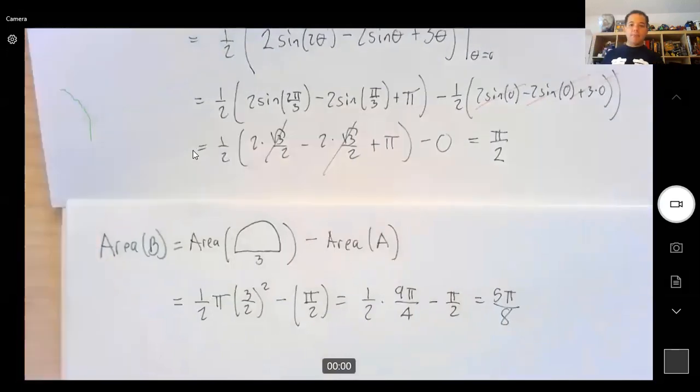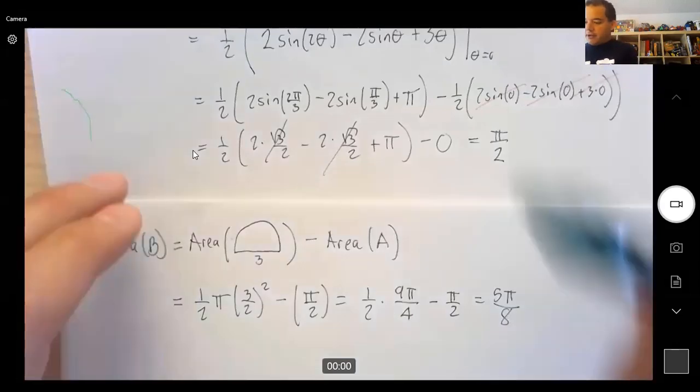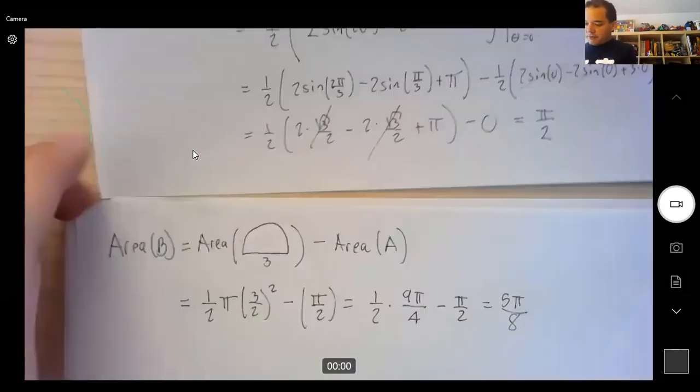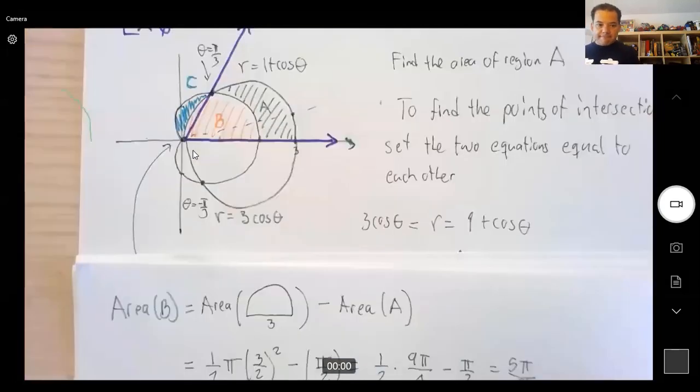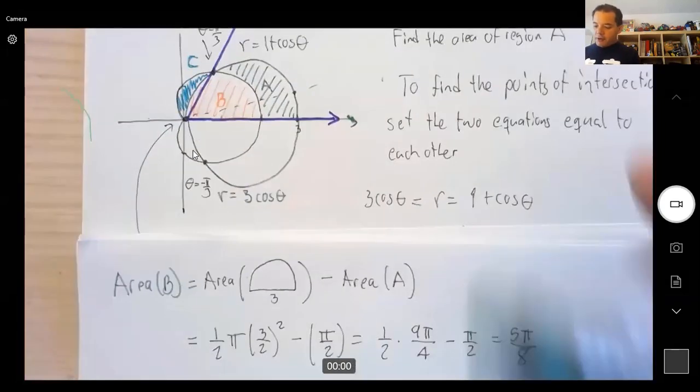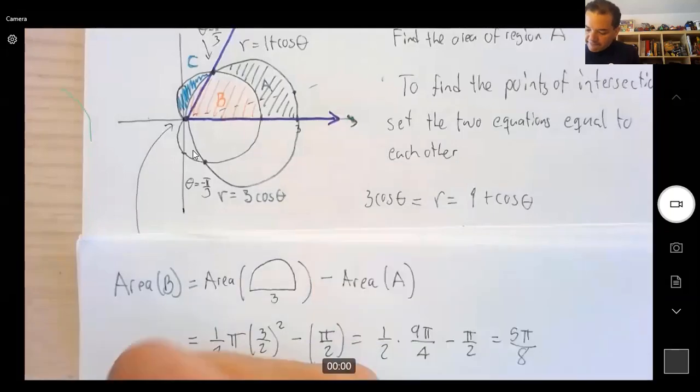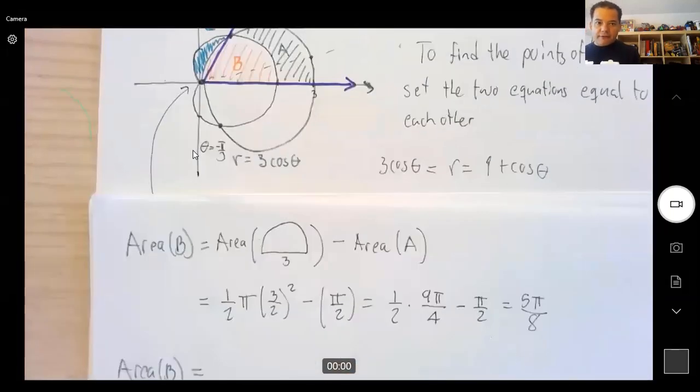Okay, but let's imagine that we're not that smart, and we want to set it up as an integral regardless, right? So then what type of integral would it be? Let's go back that way. So let me put just the picture here. If we wanted to do it as an integral, what integral would it be? Well, let's see.